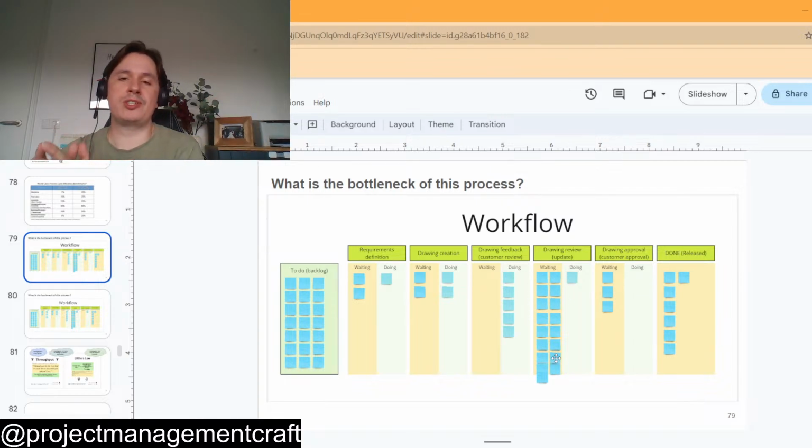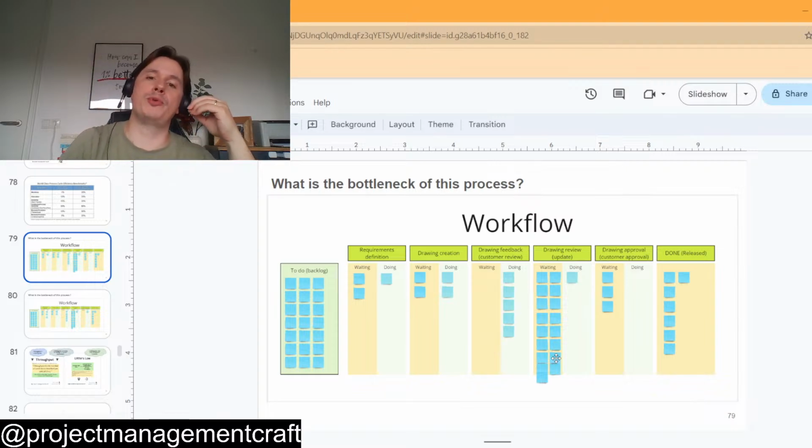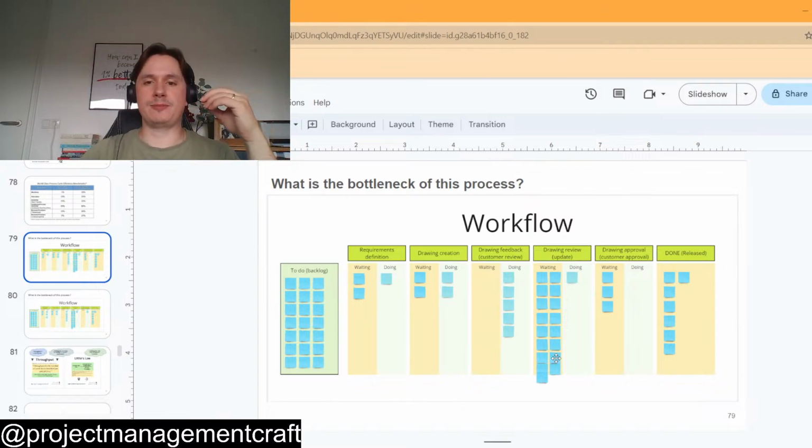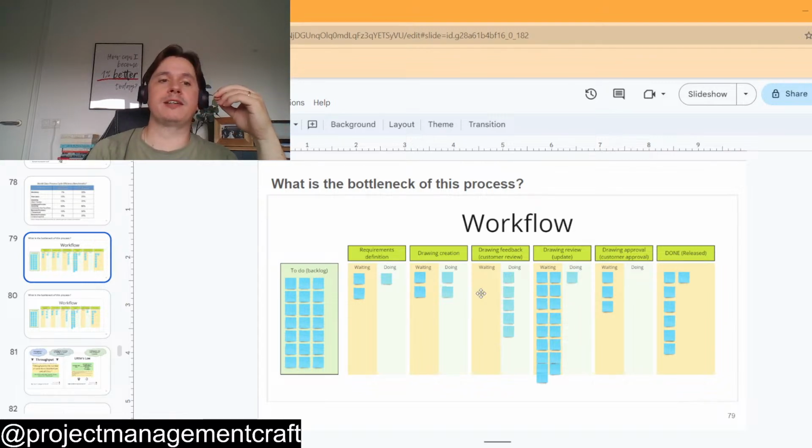So using Kanban is a great way to help you identify bottlenecks in your system. It's also a great way to help you identify wastes in your system. Depending on the type of work you're doing, let me give you an example.